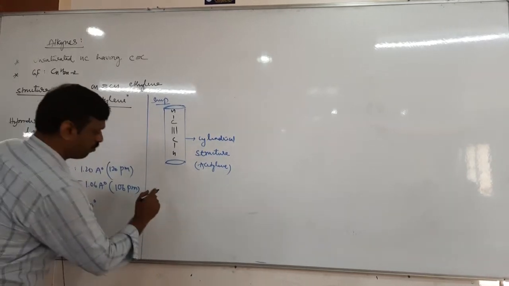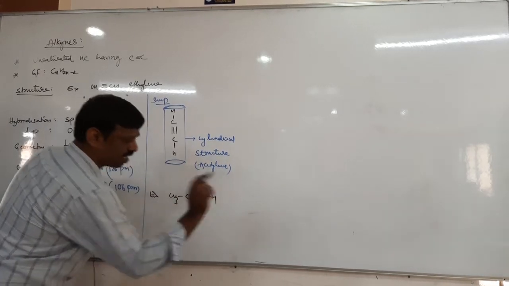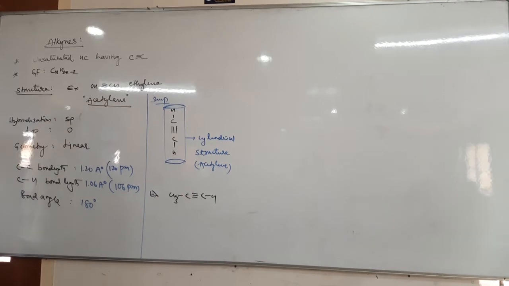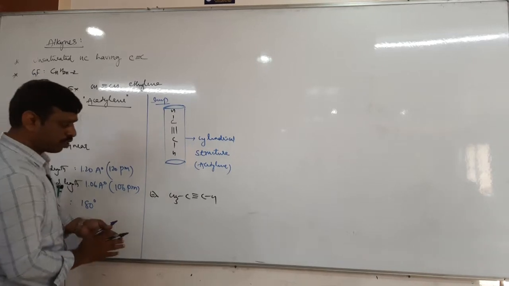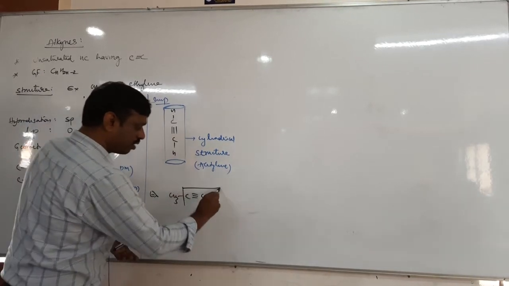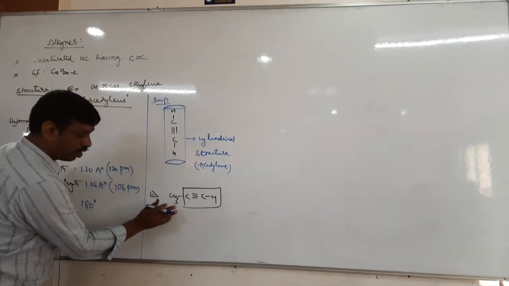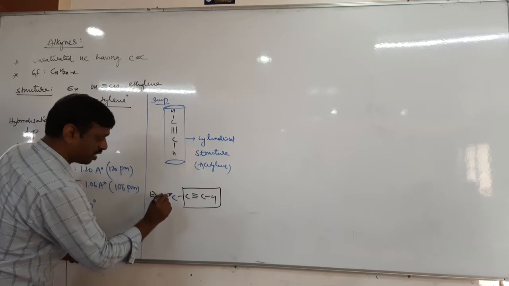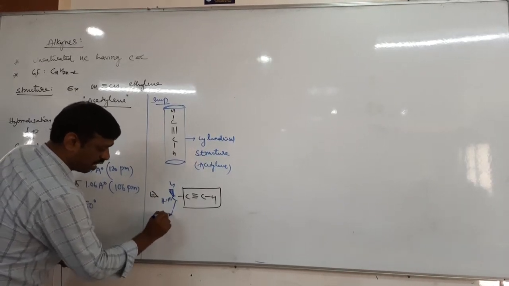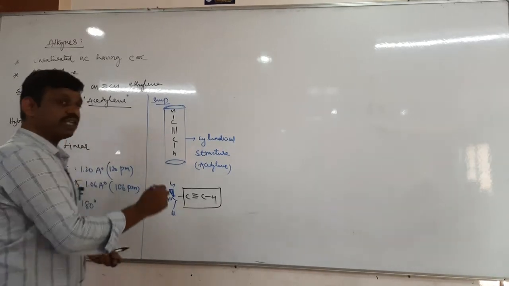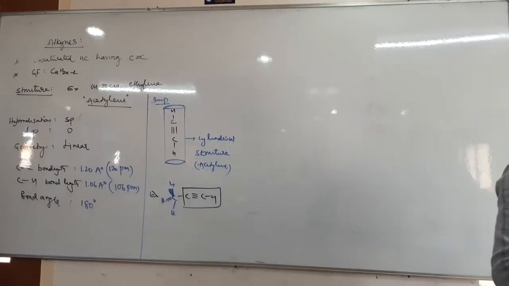For example, if you take propyne, does propyne have a cylindrical structure? Of course it is linear, but not cylindrical. Why? It is not cylindrical because not all the atoms are present in the same plane; this carbon is sp3. Due to the sp3 carbon, there are 3 hydrogens on this carbon, 1 hydrogen above the plane, 1 below the plane, and another on the plane. So those 3 atoms are present in different planes, and it doesn't become cylindrical.